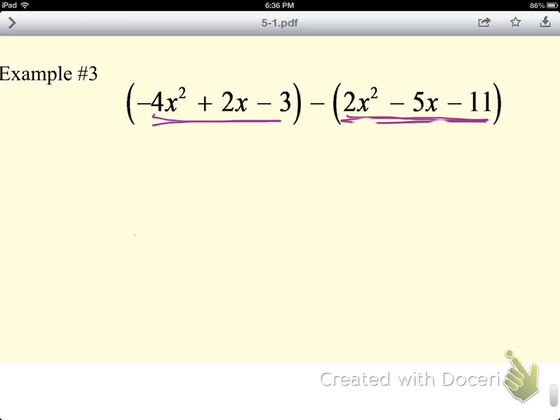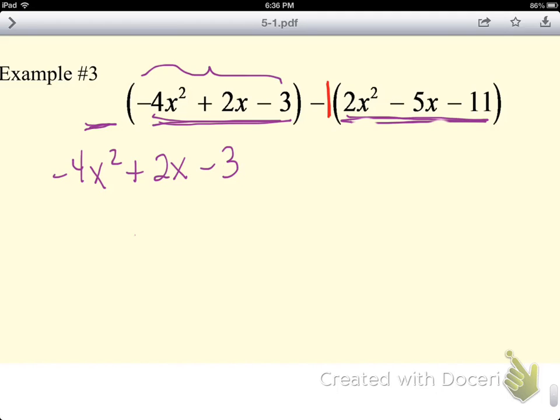So it's this whole term right here, which I can drop the parentheses from. There's nothing I can do inside the parentheses, and there's no number on the outside, so I don't need to distribute. I'm going to add a 1 in front of this, and I'm going to use KCC. K is the entire trinomial here.